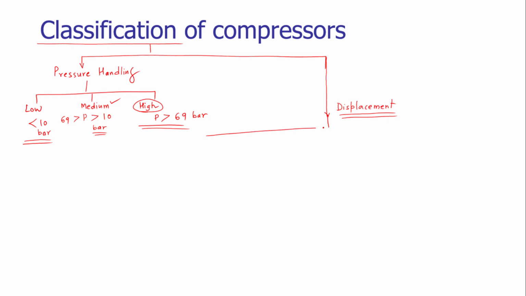Again, we can have basically two types of displacement in compressed air generation, that is positive displacement and dynamic displacement.